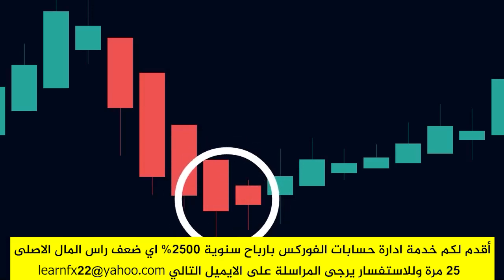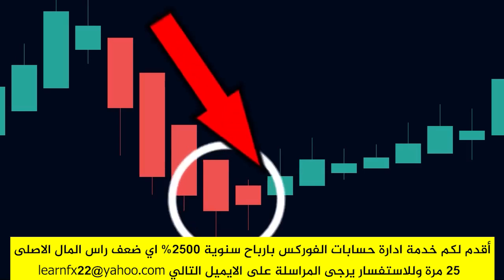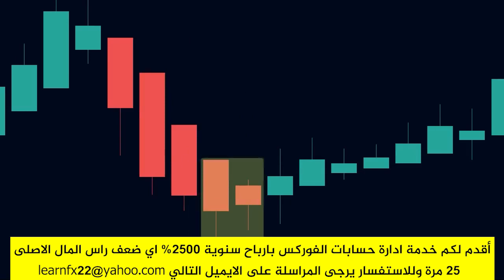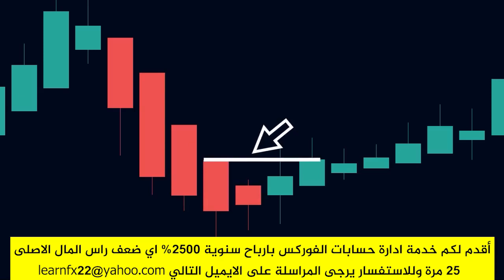Both of the candles in the pattern are red and the pattern appeared after a substantial down move in price. So when we spot a bearish inside bar, we will look for buying opportunities. If the price breaks above the high of this pattern, we will buy. But if the price breaks below the pattern, we will not look to sell.